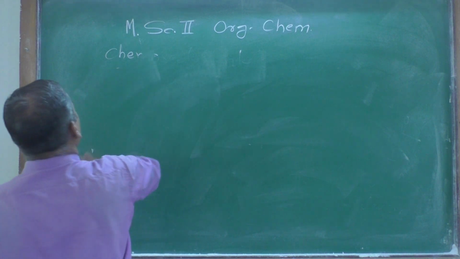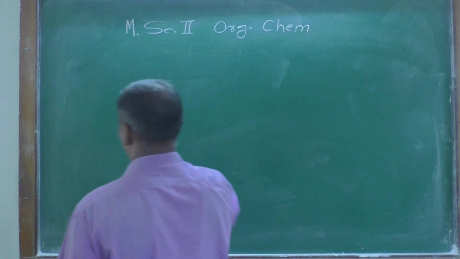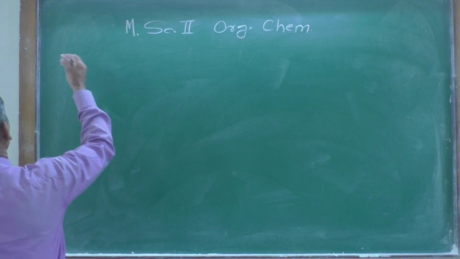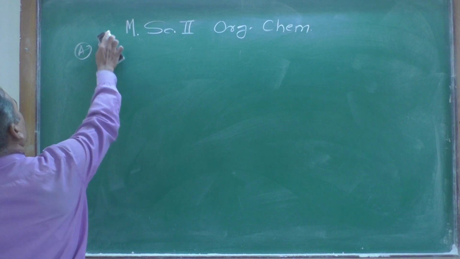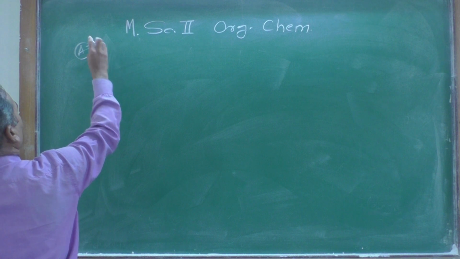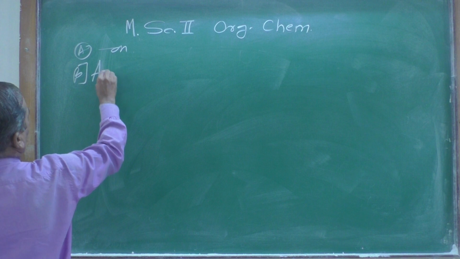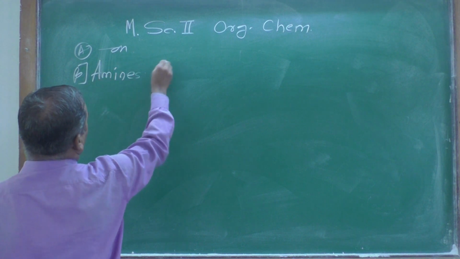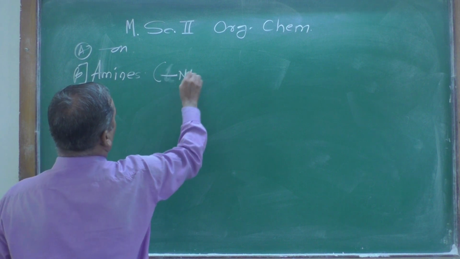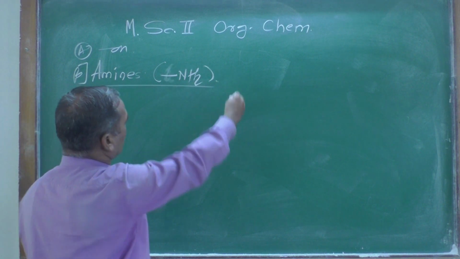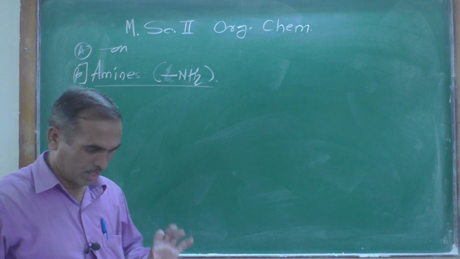Now let us look at the second one, that is B. So first A, we have seen the hydroxyl group, or alcoholic hydroxyl group OH, and the second one we are going to learn here, amines. Amines means we know the general formula of the amine group is NH2. And now we are going to talk about the protection of the amino group.